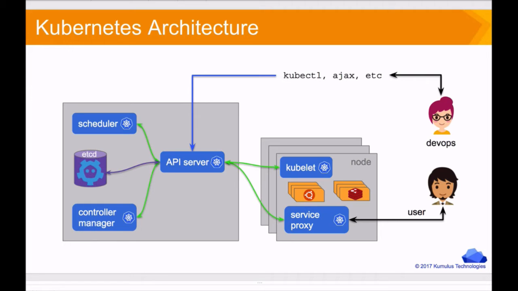We'll talk more about that when we talk about services in a moment, but these are the key edge pieces. The person hitting the website that our application provides, for example, would most often go through the service proxy to interact with our applications deployed through the Kubernetes environment. So these are the core components of the architecture.